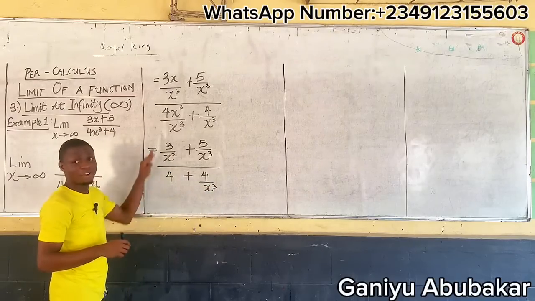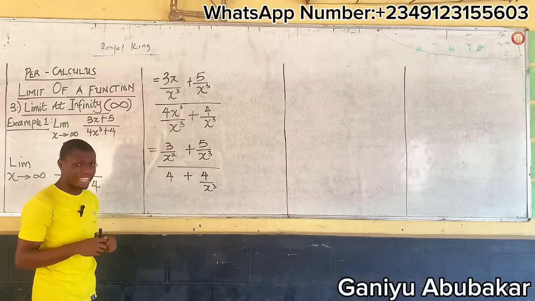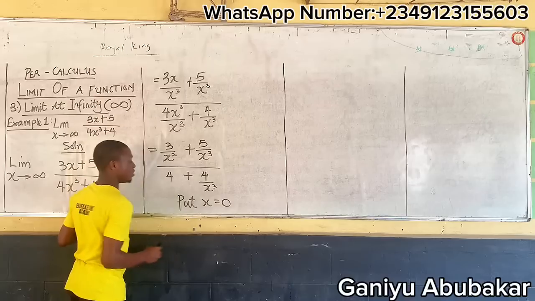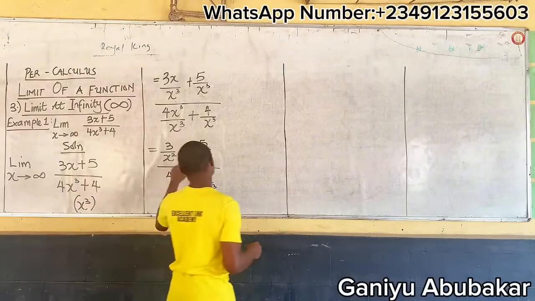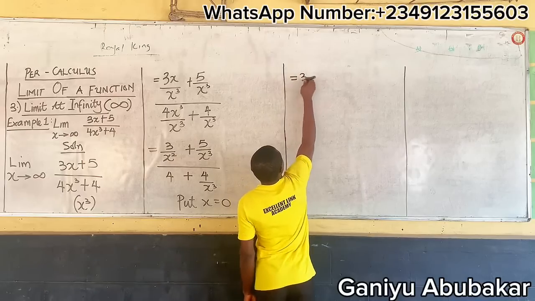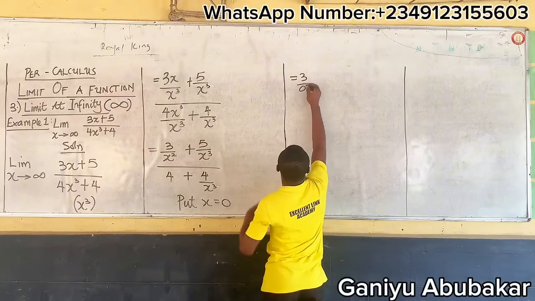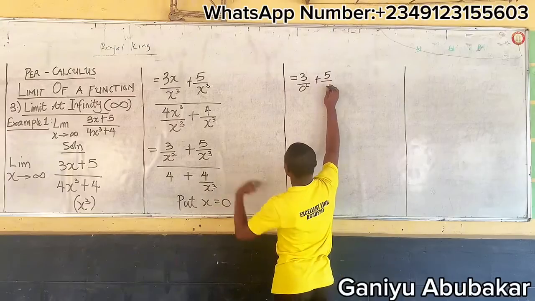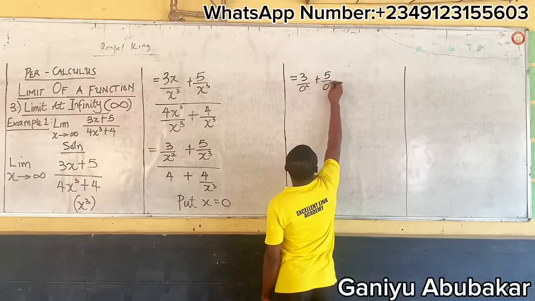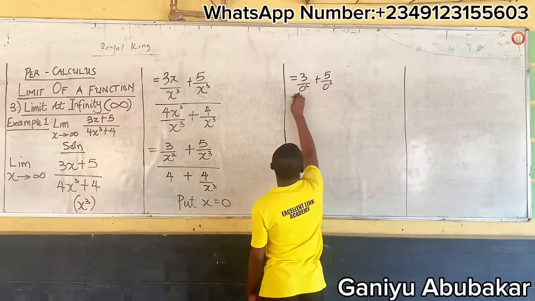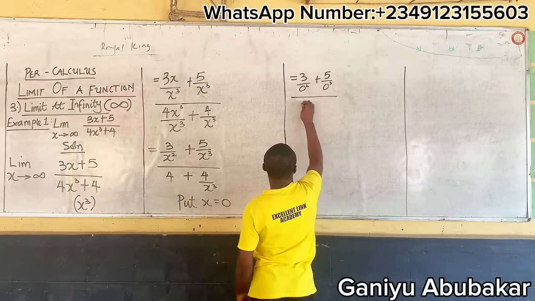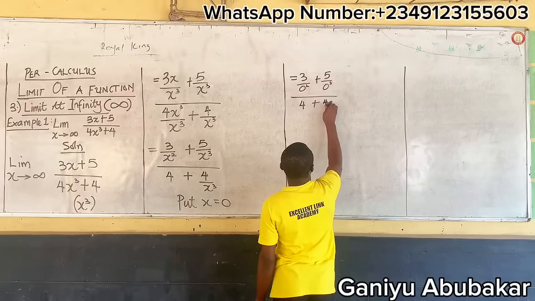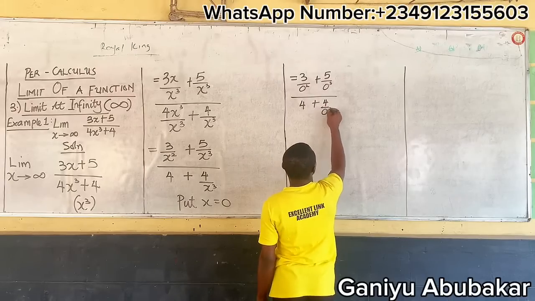So after simplifying this way, the next task is what? Put x as 0. Put x as 0 into the function. So here I'll have 3 over 0 squared plus 5 over 0 cubed, all over 4 plus 4 over 0 cubed.